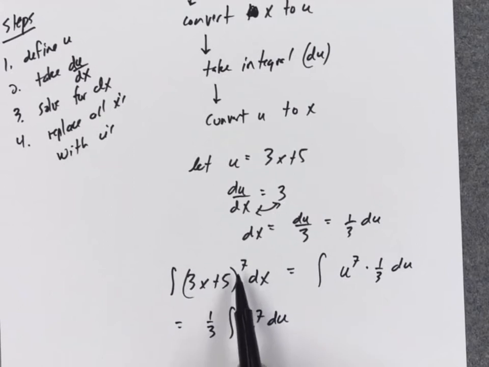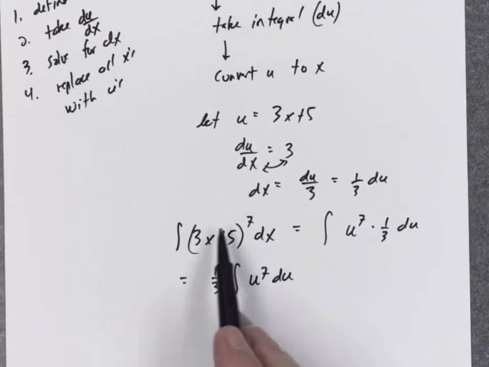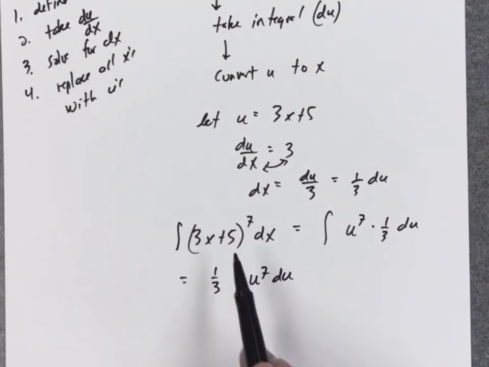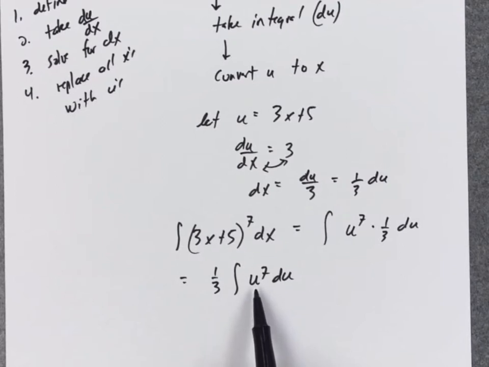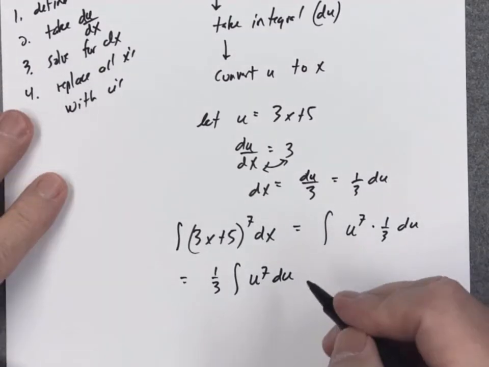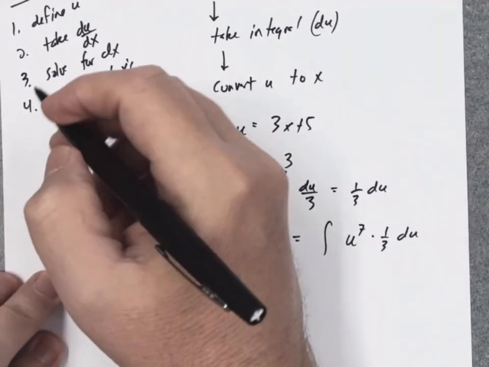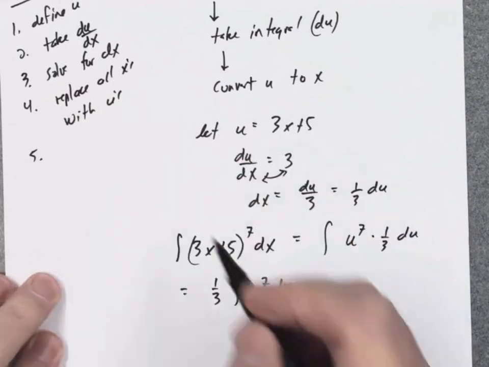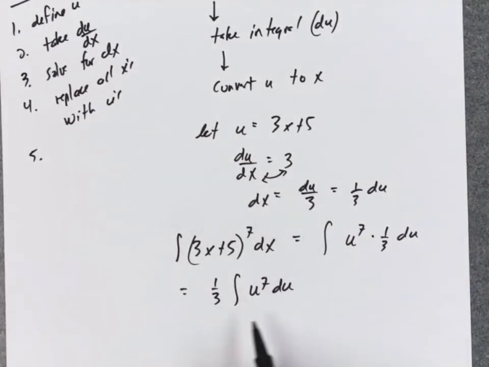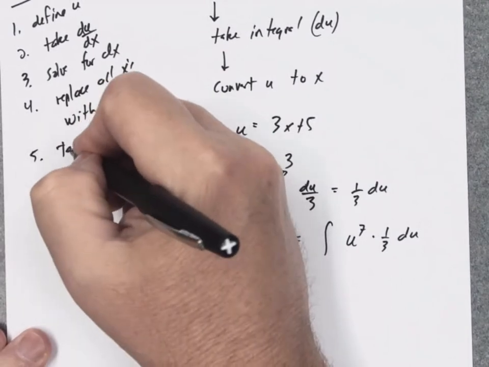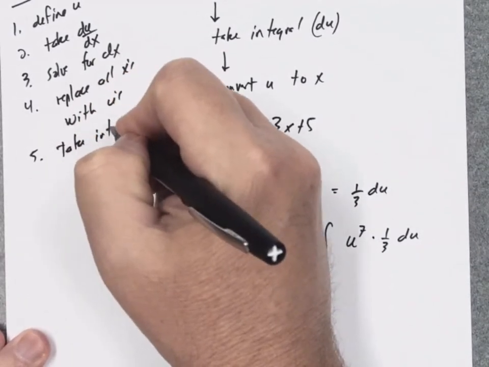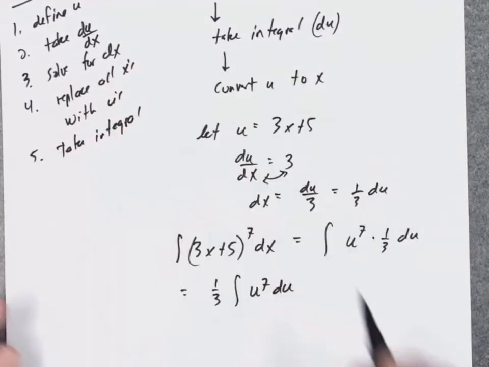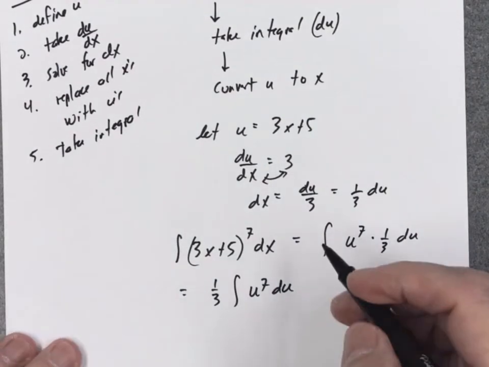Notice that for this integral, I don't have any rules. I don't know how to integrate this. But this is the basic power rule. I can actually take the integral of this. Let's just do it. Actually, I should add this as the next, fifth step. If it works correctly and you've done the right things, at this point, you should be able to take the integral.